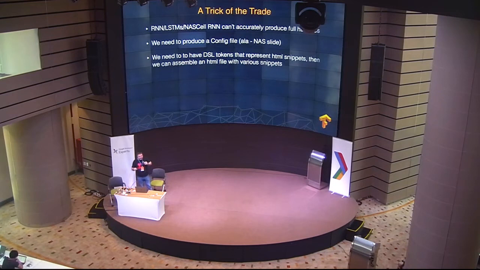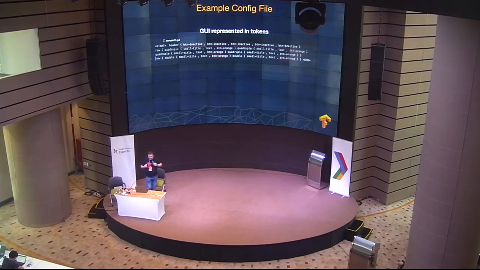So the key thing to understand is that these DSL tokens that I showed you before, that were coming out, are going to be converted into HTML. Here's an example of a config file. This is what we want to predict. It's a config file that represents an entire HTML page.